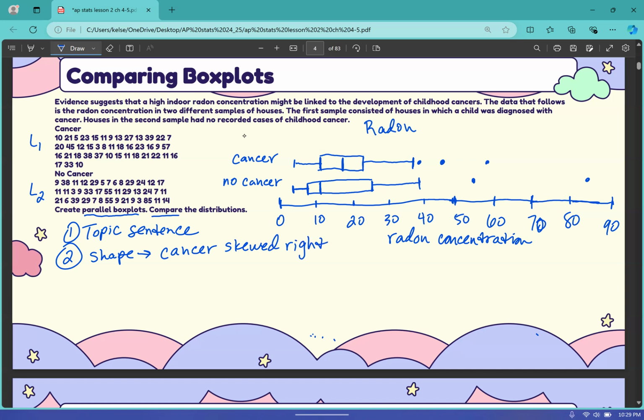And then for no Cancer, this was also skewed right a bit because we can see that the Q3 is quite stretched out there. So this is also skewed right.